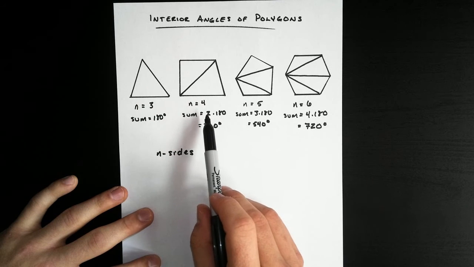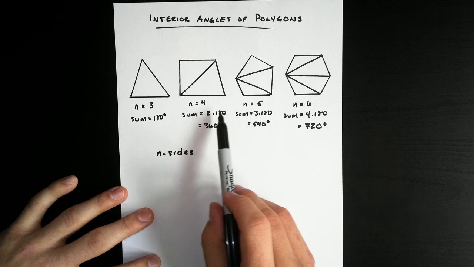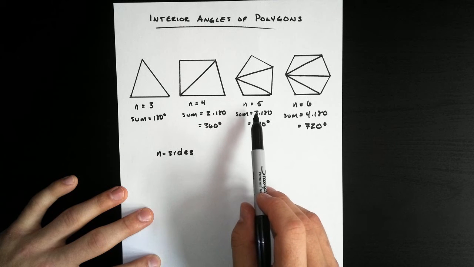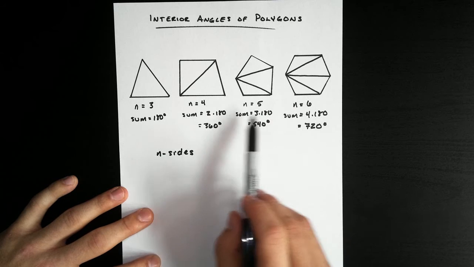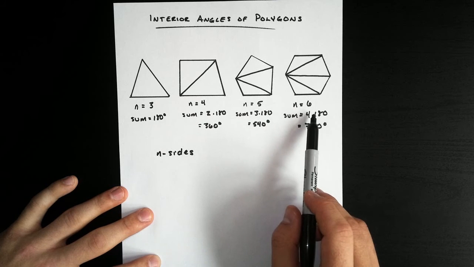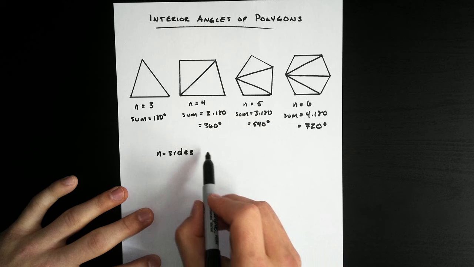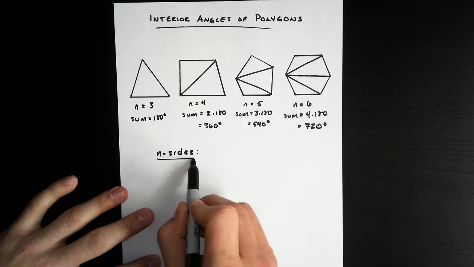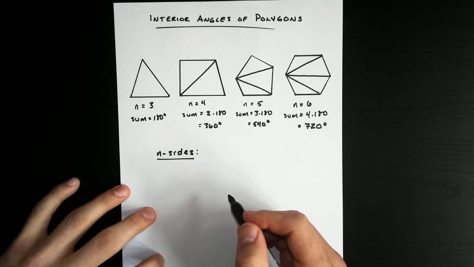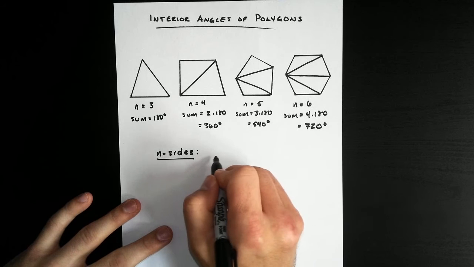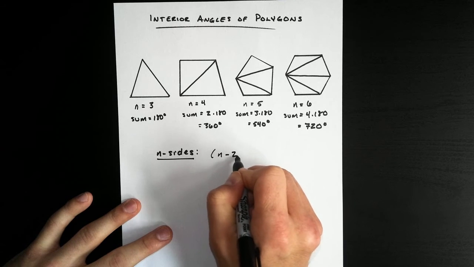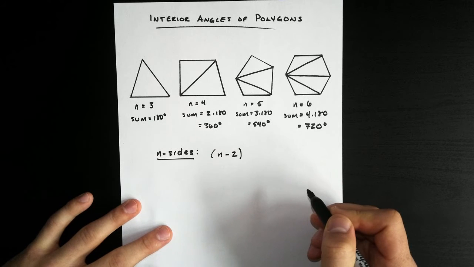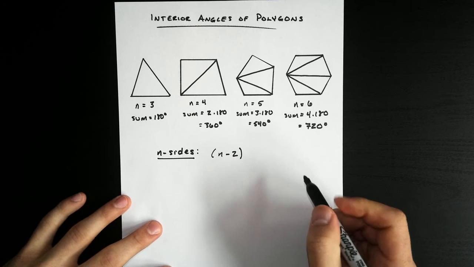If I have 4 sides, we end up with 2 triangles. 5 sides, we get 3 triangles. 6 sides, we get 4 triangles. So if we notice the pattern here, depending on the number of sides we have, I end up with 2 less than that triangles. So if I have n sides, I can split that up into n minus 2 triangles.